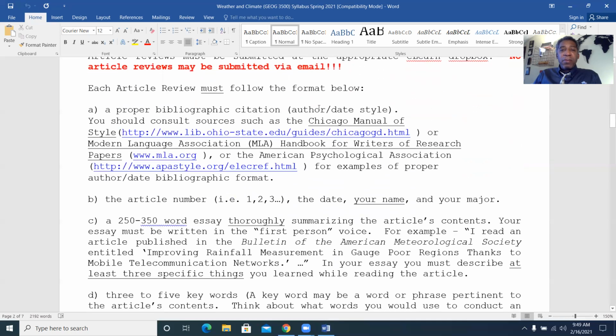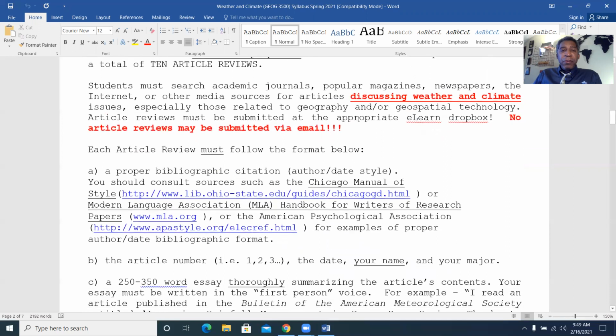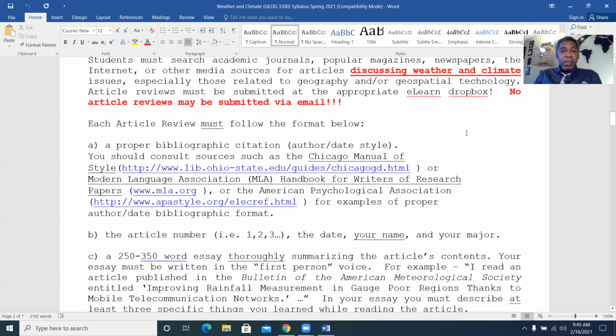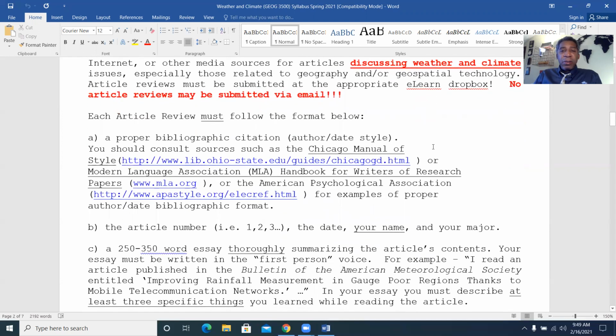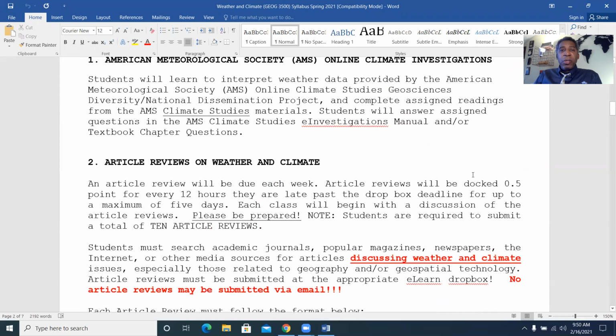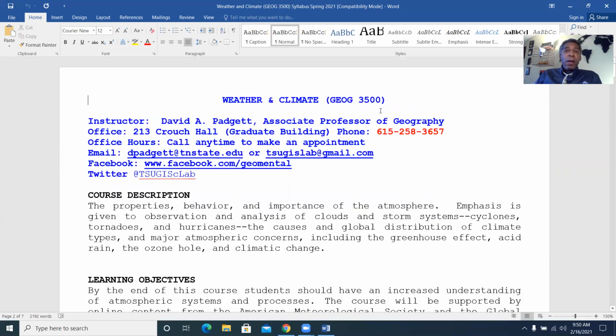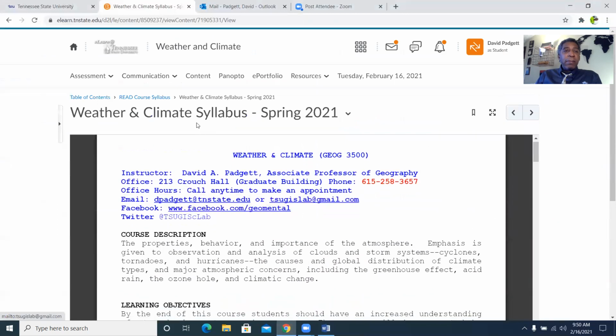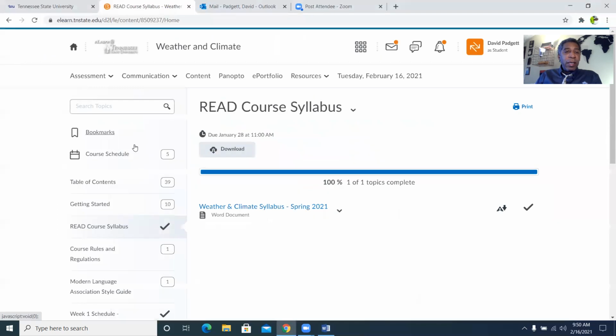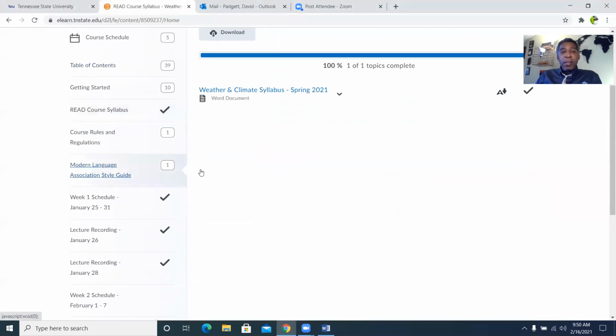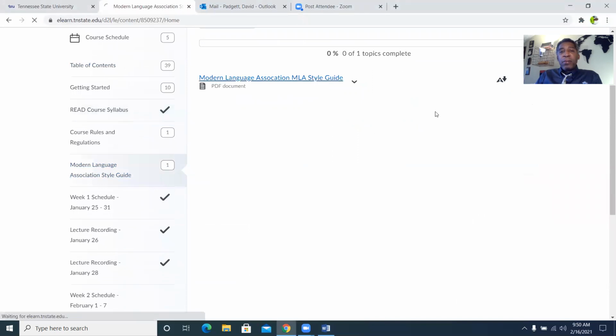You must cite the article, and if you just follow these steps, it should be pretty easy. Just put a citation. You can use any style here, MLA style and so forth. I've also included in the course content an MLA style guide here.